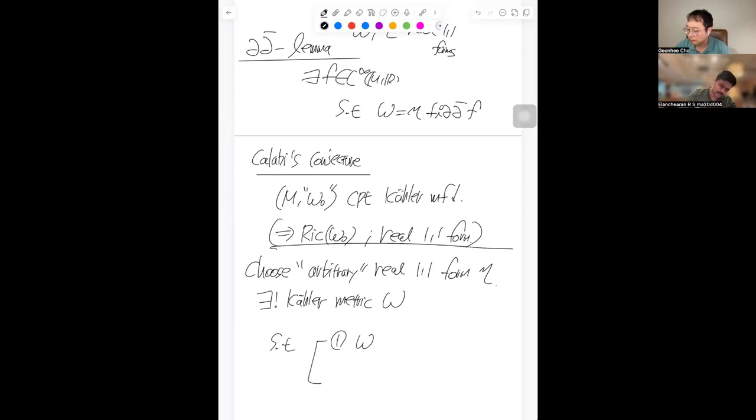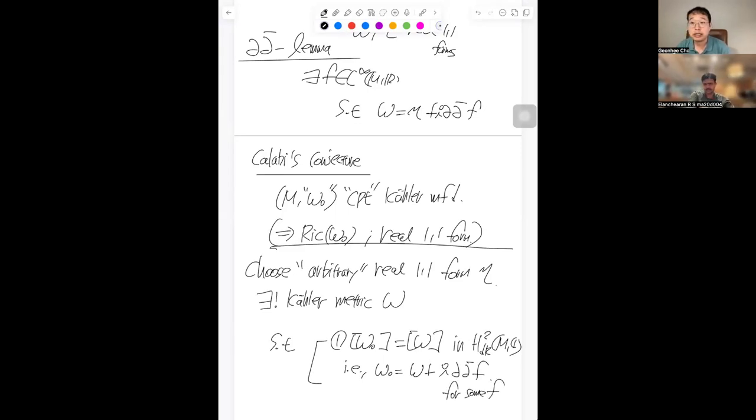Number one, they share the same cohomology class, i.e., by the ddbar lemma, because this is compact, omega naught should be written as omega plus i times ddbar of f for some f. So we have the Kähler metric coming from the same de Rham cohomology class of the given initial Kähler metric. Is that okay? This is the first condition.